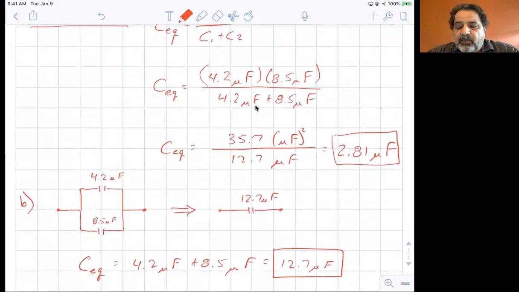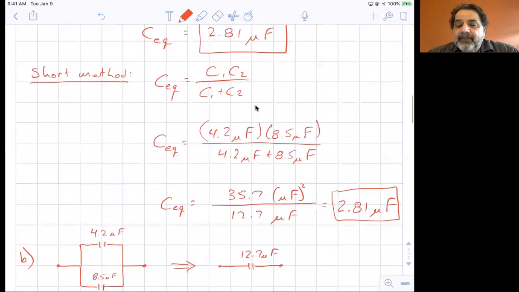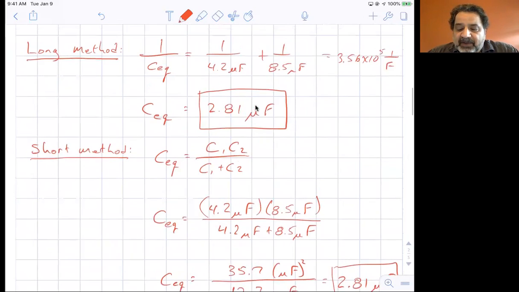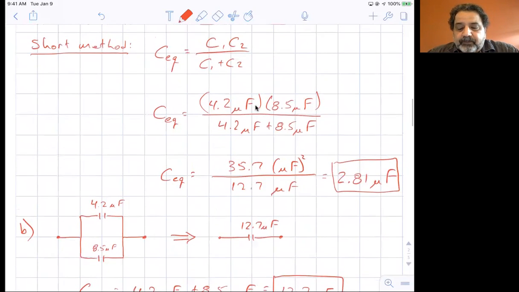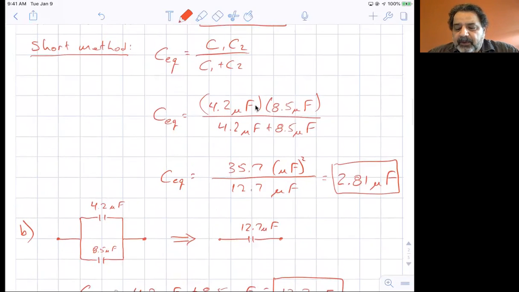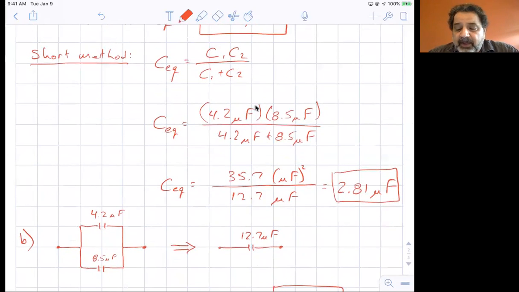It's divided by 12.7 microfarads, and lo and behold, you end up with 2.81 microfarads, the same value that we got up above. I think it's a little easier to do it this way, but again, this only works when you have just 2 capacitors. Fortunately, the microfarad squared is divided by microfarads, and you're just going to end up with microfarads.